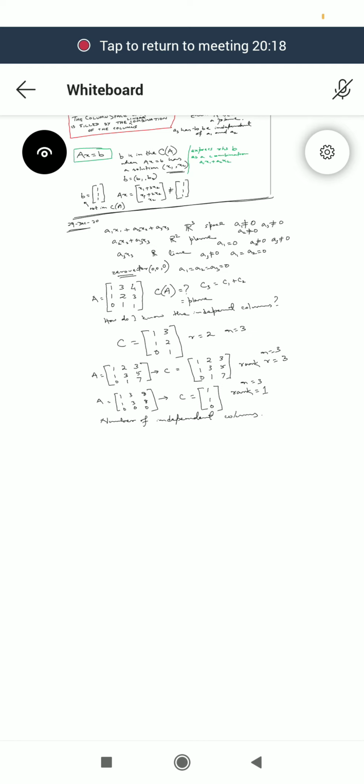Okay. Now here I forgot to mention one more term known as basis. This is an important term. Let me go to the starting of today's class. So here the linear combination of A1, A2, A3 with x1, x2, x3 forms a space.